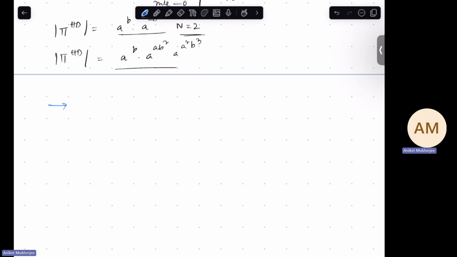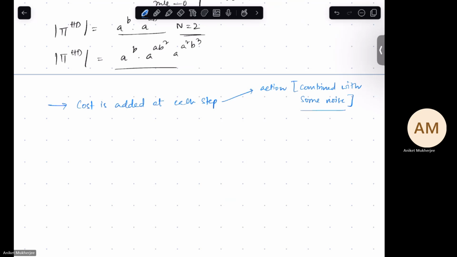Okay. So two main things: cost is added at each step. You take an action, and then combined with some noise, you get a cost and the next state that you're in.